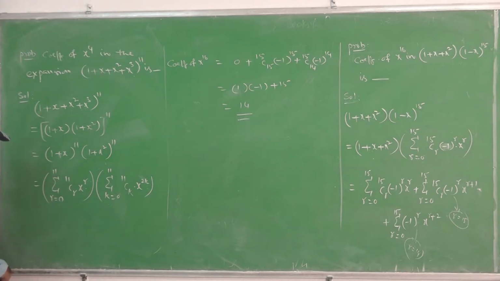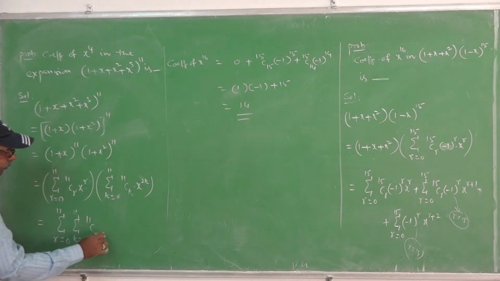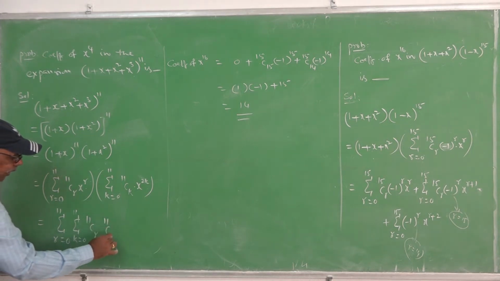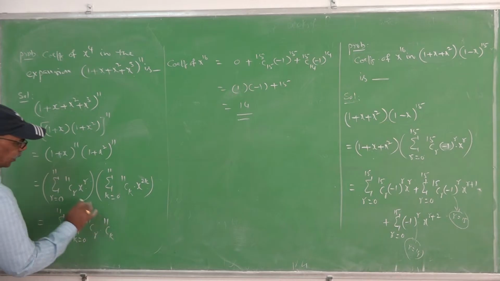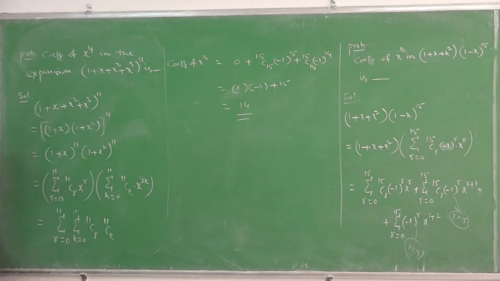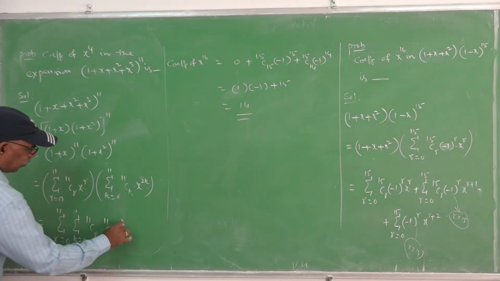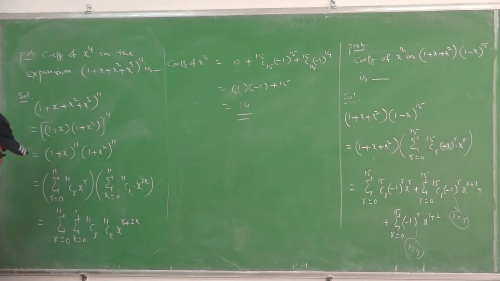Now taking this as sigma r equal to 0 to 11 and sigma k from 0 to 11, 11C r and 11C k into, collecting x powers, we get x power r plus 2k.